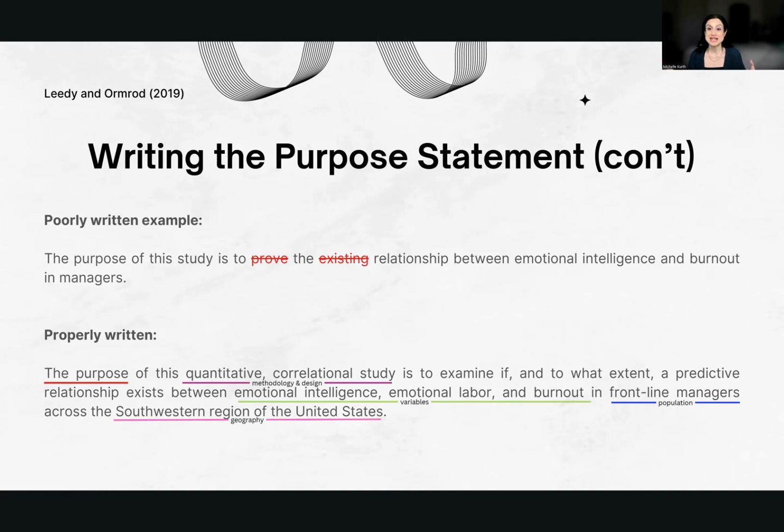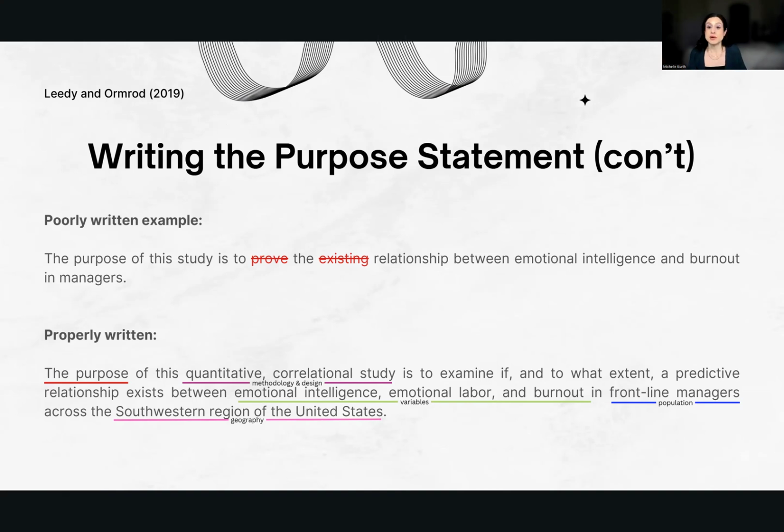I have the strikethrough on existing. We don't want to make assumptions. And one thing that I will say is we never prove anything as researchers. We never prove. We support, right? So the findings support this theory, or the findings support XYZ, but we don't want to use the word prove.